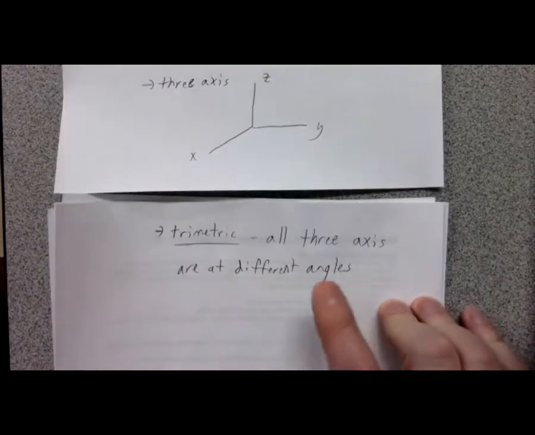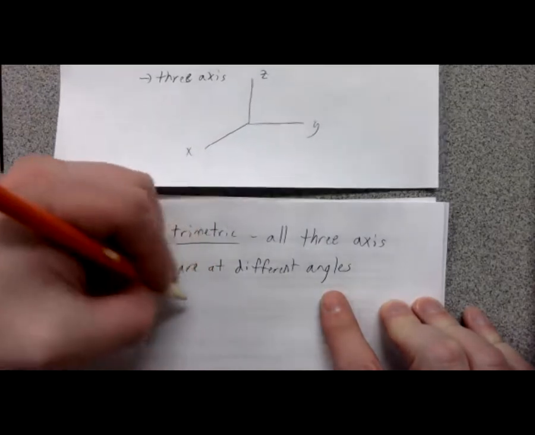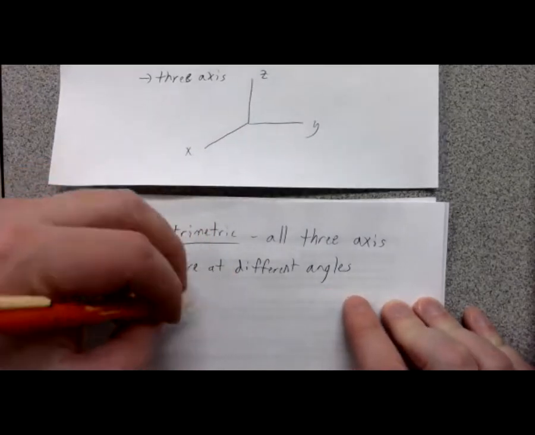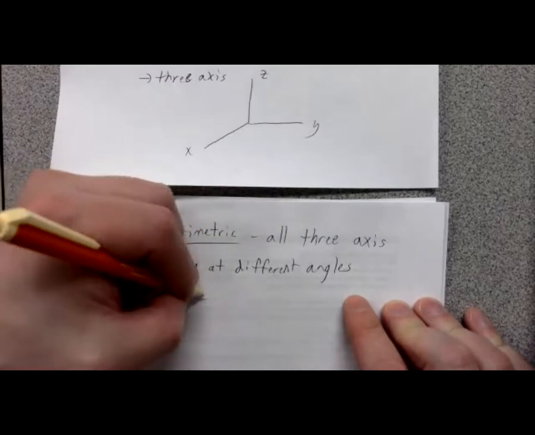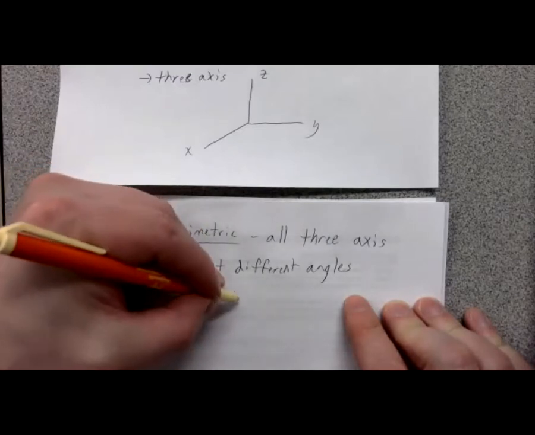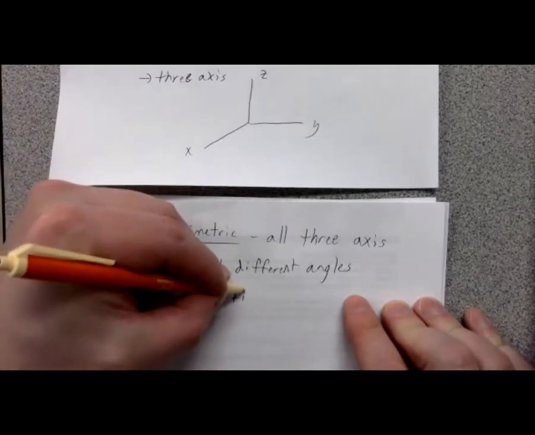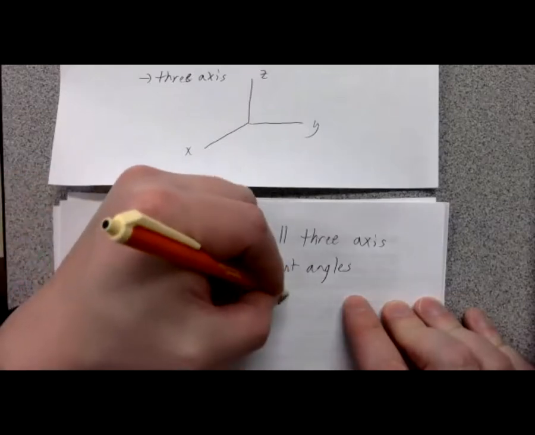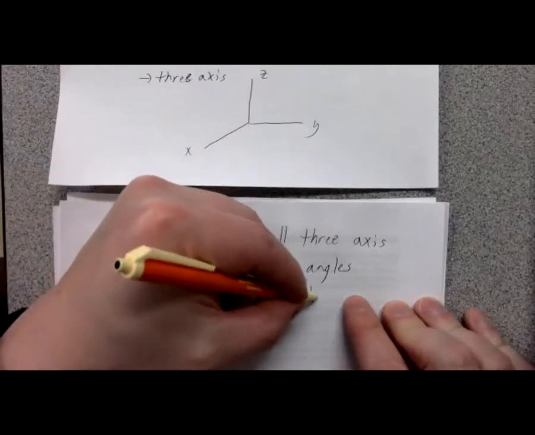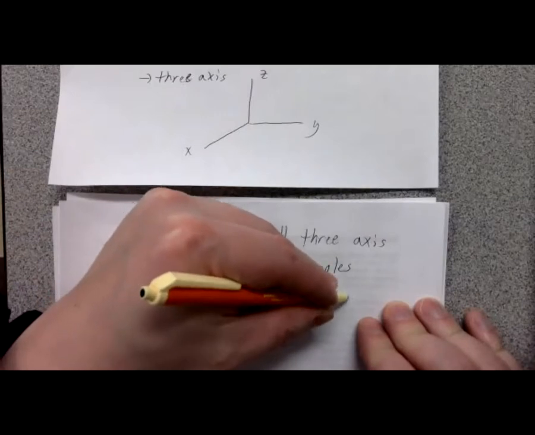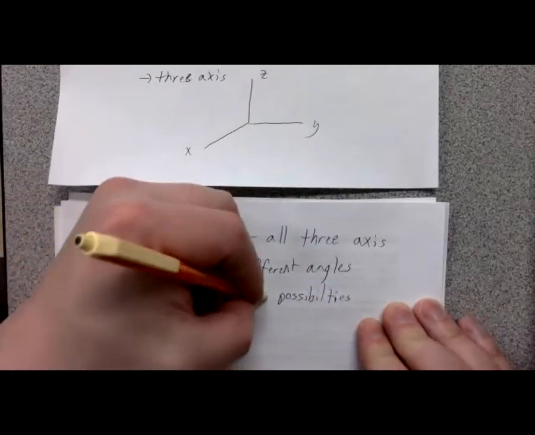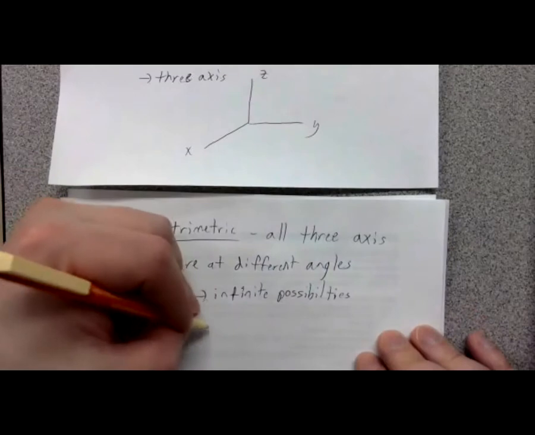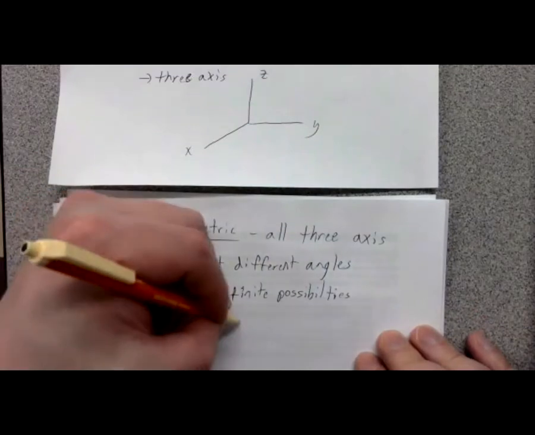Trimetric is where all three axes are at different angles. What does that mean? Well, there are infinite possibilities. Here's one example.